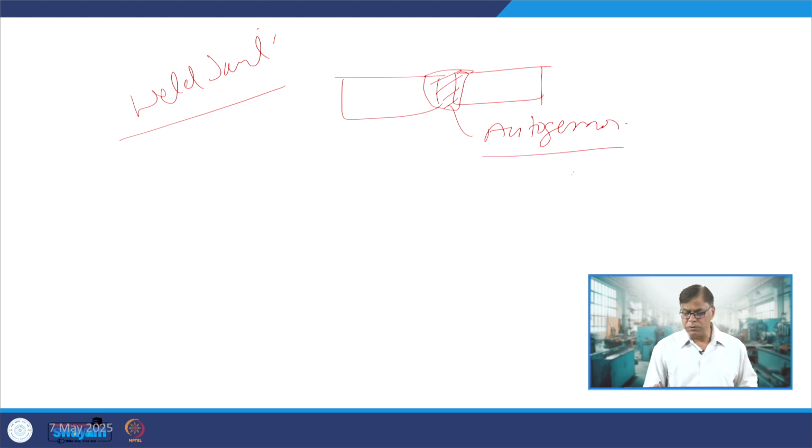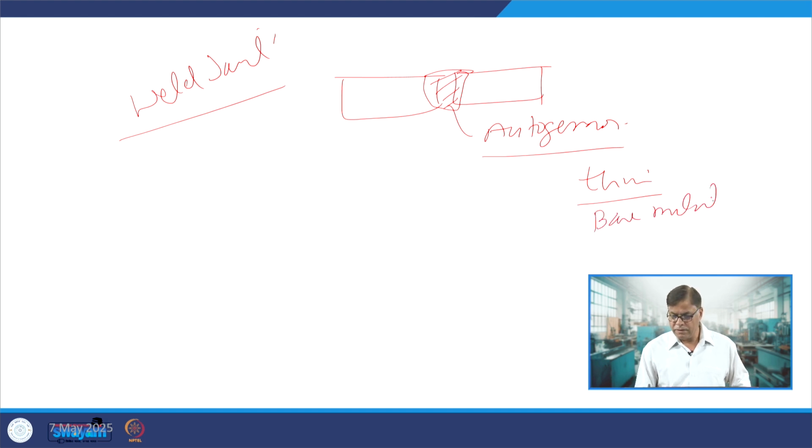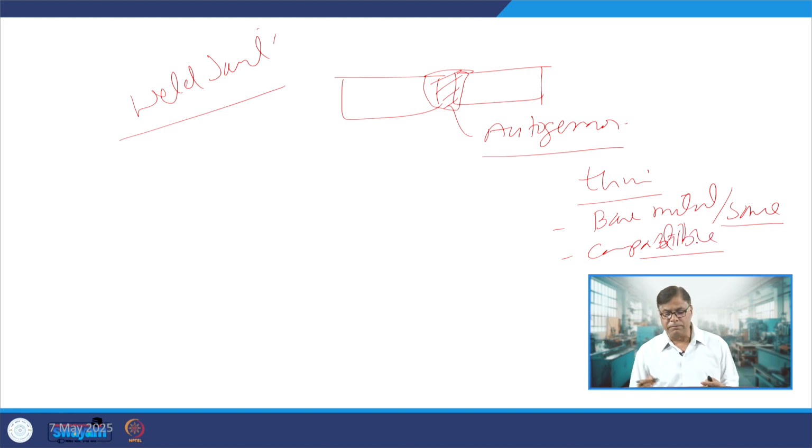This kind of approach is good when we are welding thin sheets, or when the base metals or parent metals to be welded are almost the same, or perfectly compatible with each other. So these are the two cases, same base metal or compatible with each other when they are brought to the molten condition. Under those conditions, autogenous welding is considered to be fine.